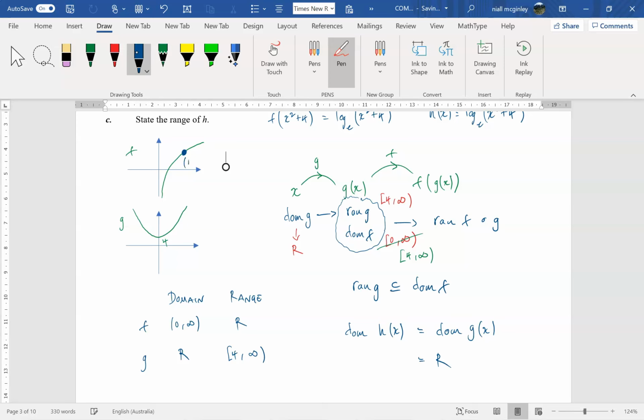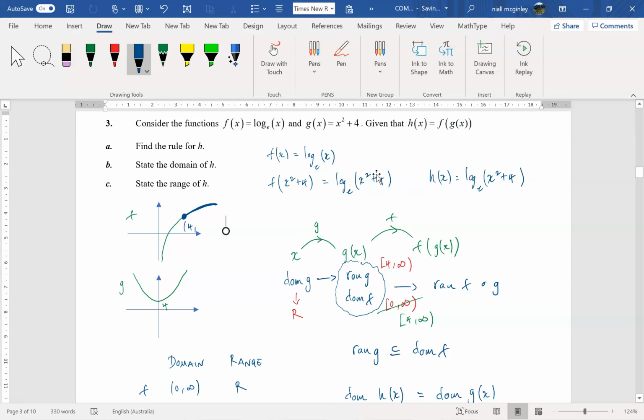So here, this coordinate here is going to be 4, and then it's only going to exist from 4 to infinity. We can't have this section of the f anymore because you're not getting values, you're not getting 1, 2, 3. You're not getting those values there, so therefore that's the only part that it is going to exist for. So substituting this into f, this is going to be natural log of 4.